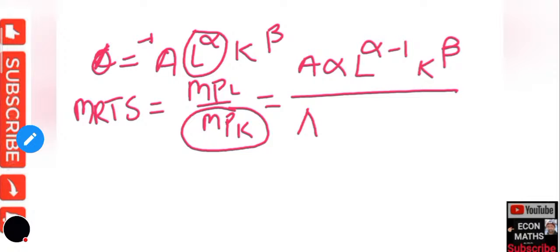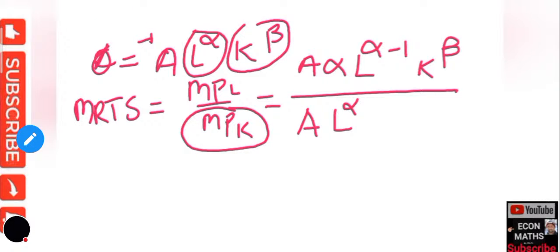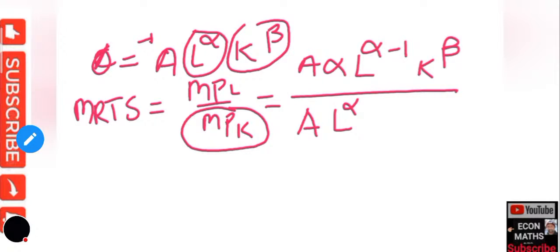So A is the same, L to the power alpha is the same. And since we are differentiating with respect to K, this beta will become the coefficient, K to the power beta minus 1.